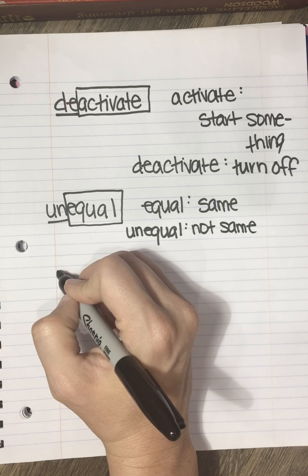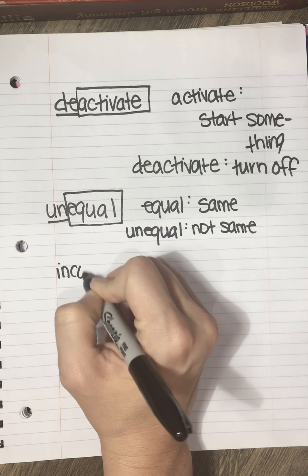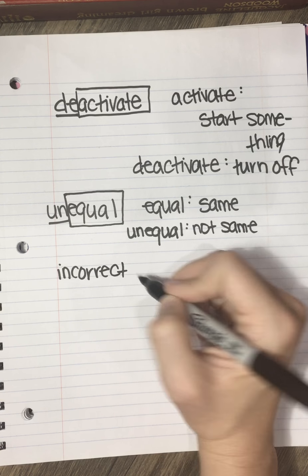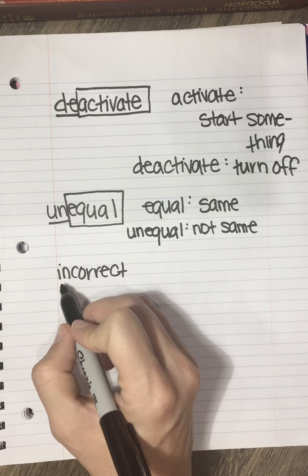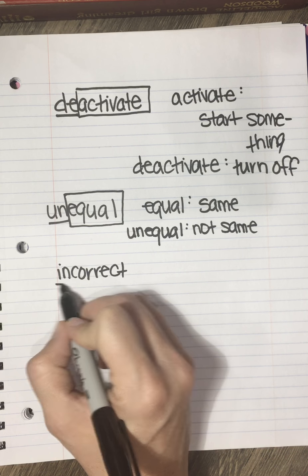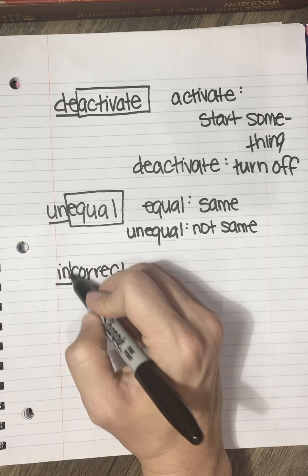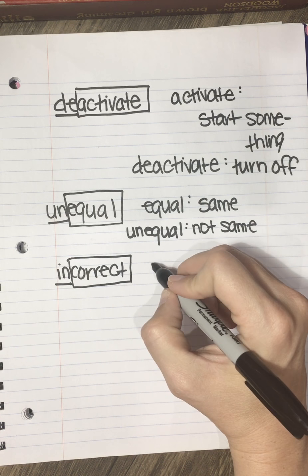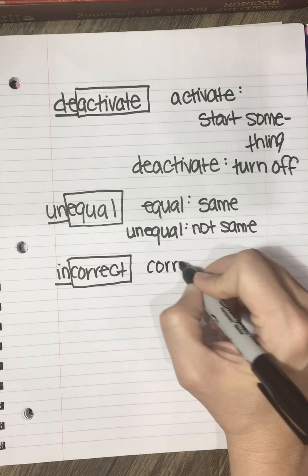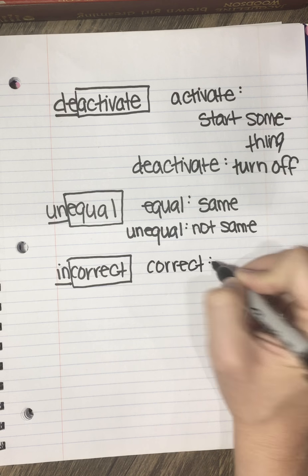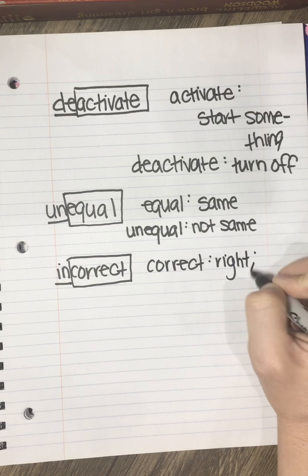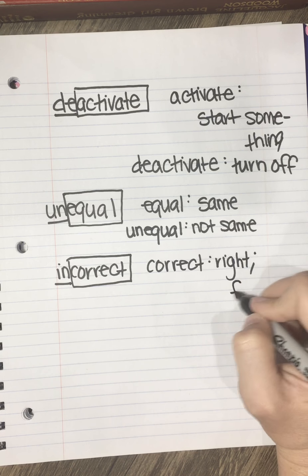Okay, so our next example word is incorrect. Our negative prefix is in, and our root word is correct. I think we know what correct is. That means that you are right, or that something is factual.